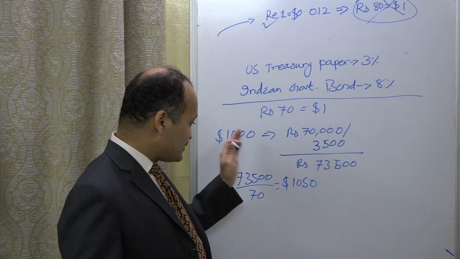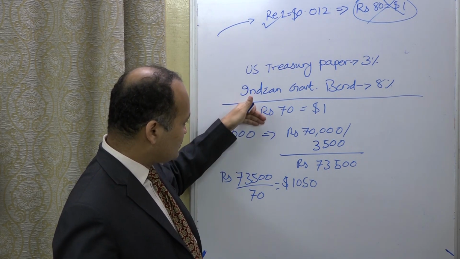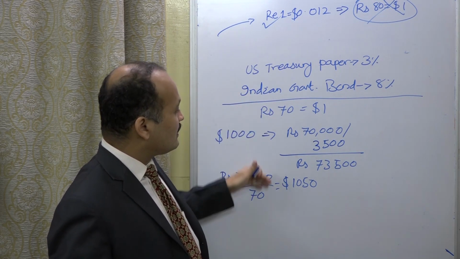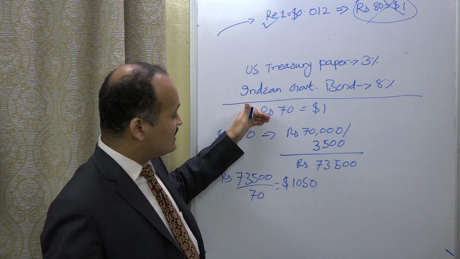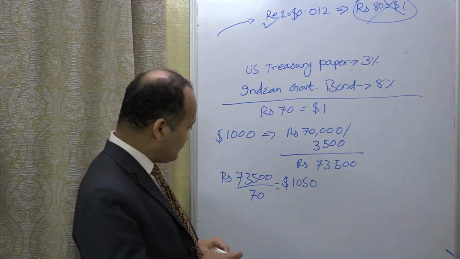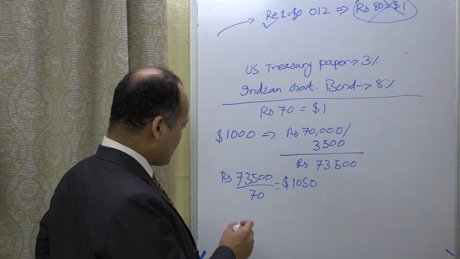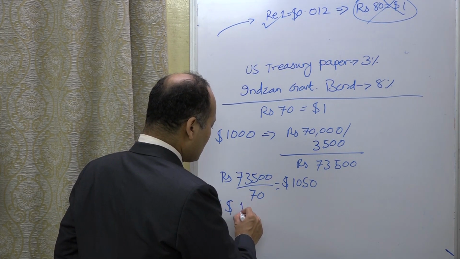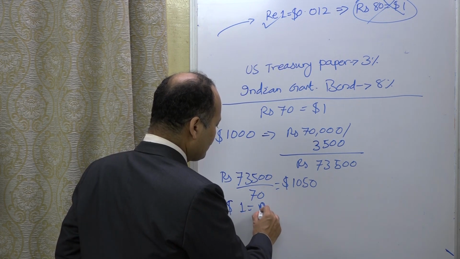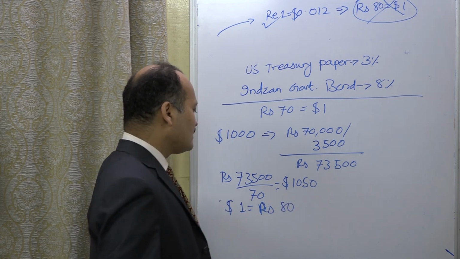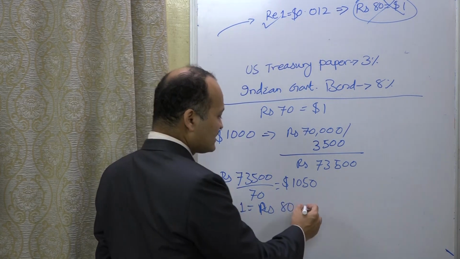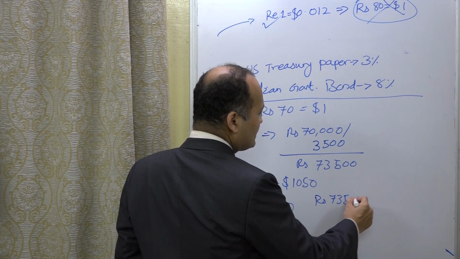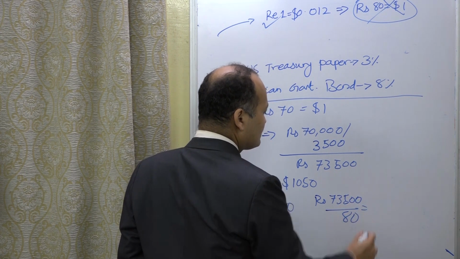But this is assuming that the exchange rate has not changed in the last 1 year when the money was invested, and it remains at 70. Now, if the exchange rate has depreciated from 70 to 80, suppose it is now $1 equal to rupees 80, how much then will he get in dollar terms? Because in rupee terms he gets the same 73,500. Now if I divide it by 80, how much will I get?